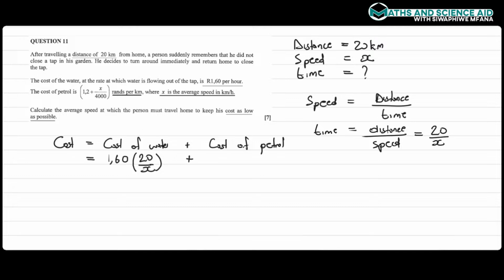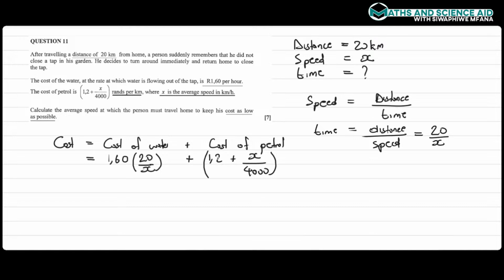Now we need to consider his cost of petrol. The petrol cost is 1.2 plus x over 4,000 rands per kilometer. So he will travel 20 kilometers.